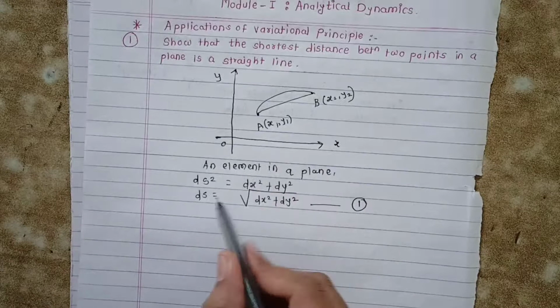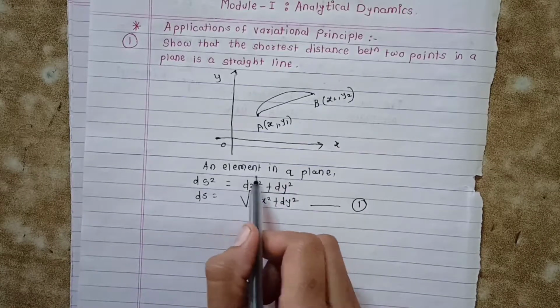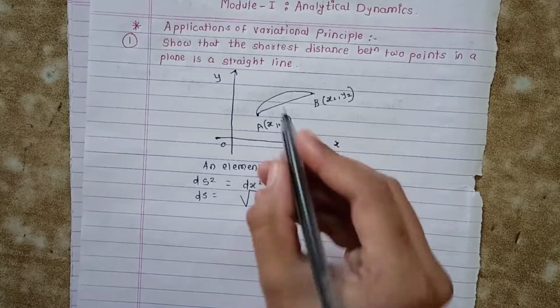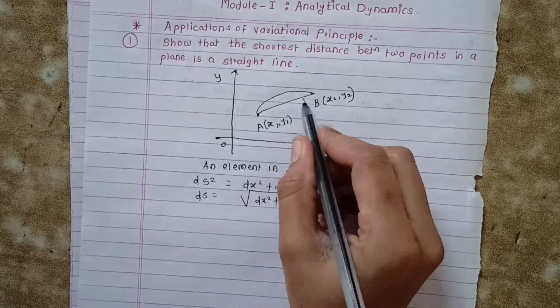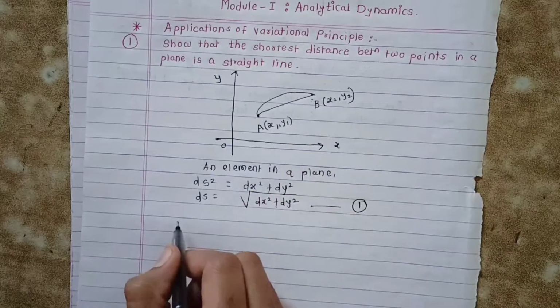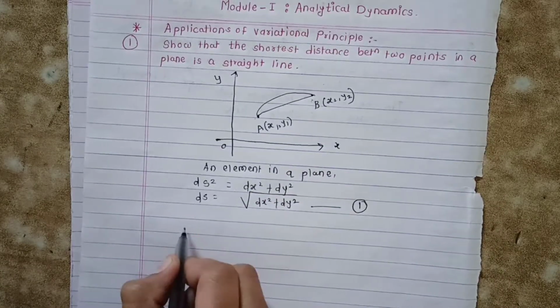Now this is a single element which lies on this plane, but we have to consider each and every element which lies on this plane from point A to B. So we have to integrate this equation, and then we get the total length.